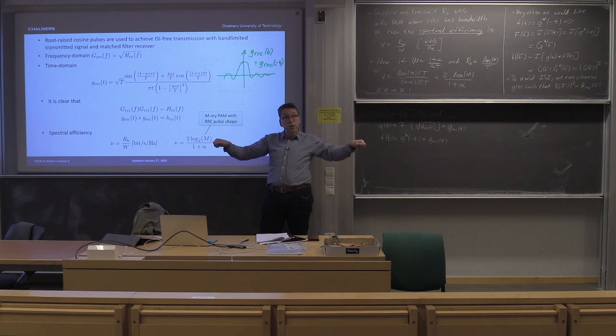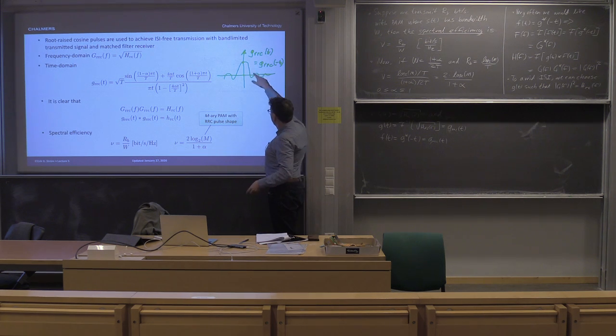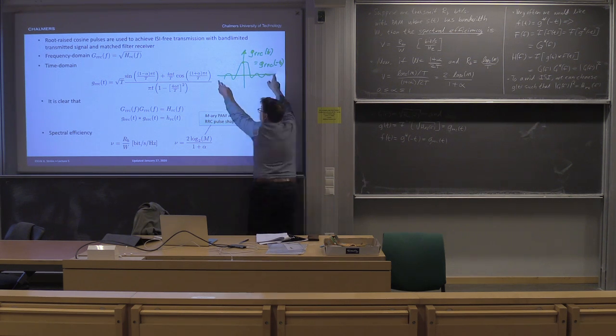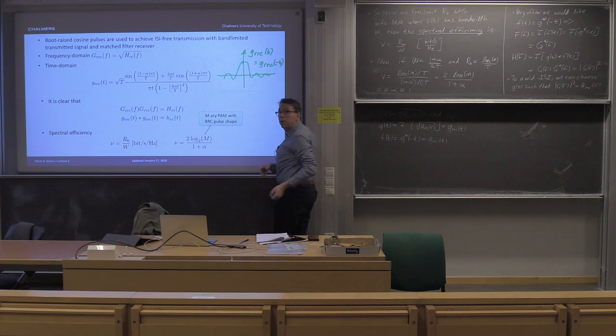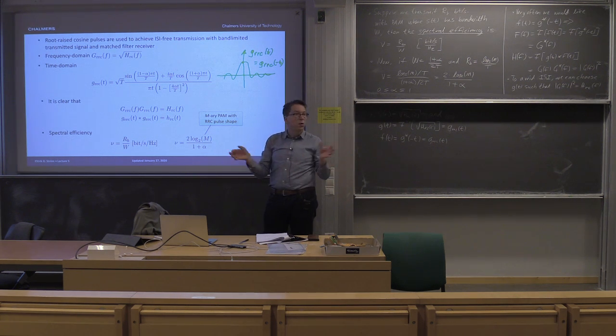In practice, we need to truncate, and we can truncate when the signal has decayed, when it's small enough, I would say. And then we just shift the whole thing to the right. And then we have a causal thing. And that's no problem, because if we shift it in time, the only thing we need to do is to shift the corresponding sampling times by the same amount, and we still have intersymbol interference-free transmission.